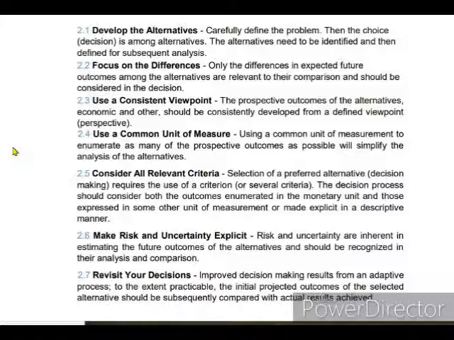So next, 2.7, revisit your decisions. Improved decision making results from an adaptive process to the extent practicable. The initial projected outcomes of the selected alternative should be subsequently compared with actual results achieved. So we are not just making a one-time decision here. We are in a process of continuous improvement.